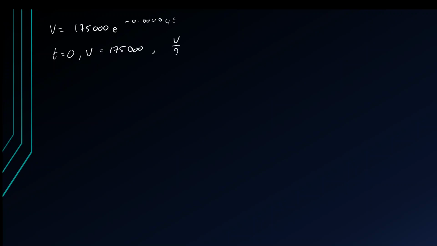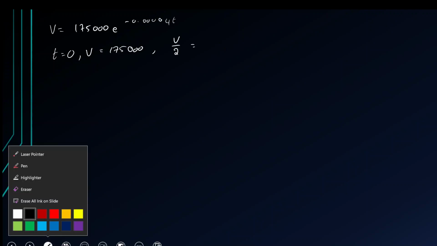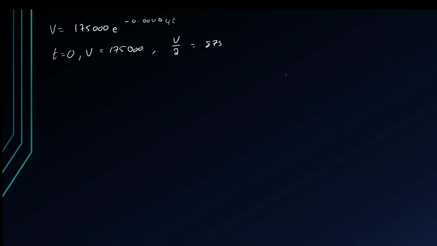What we want is half the volume, which is 87,500. Let me double check my quick maths here. Yeah, 87,500. So that 87,500 is going to come down and divide by the 175,000.